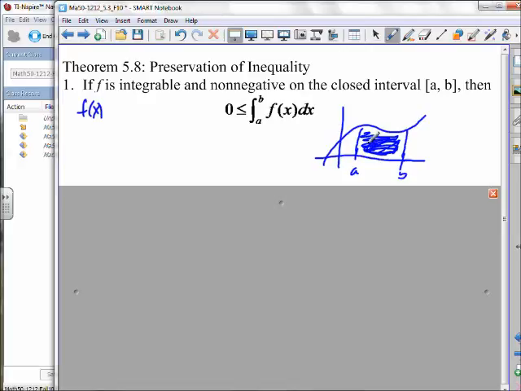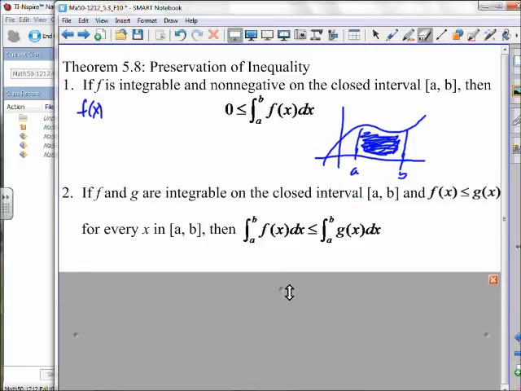Now, if it does fall below the input axis, then the integration is negative. But here we just have this preservation of inequality stated in this direction. What I just talked to you about comes, I think, in section 5.6, and I don't get the opportunity to teach that to you. So those of you going on into Math 70, you'll get into those situations.